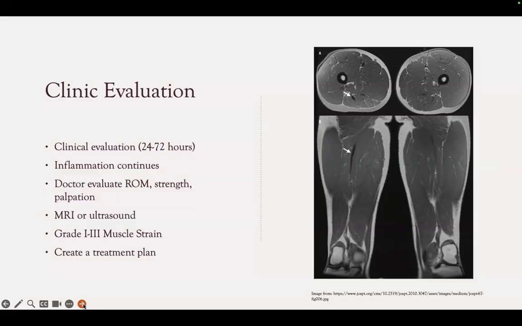And based on the findings and the evaluation from, for example, MRI, or maybe the tests for range of motion or strength symmetry tests, the physician can create a unique personalized treatment plan for the athlete to help manage the pain, determine if controlled loading is appropriate at which phase, and can refer the athlete to physical therapy as well.